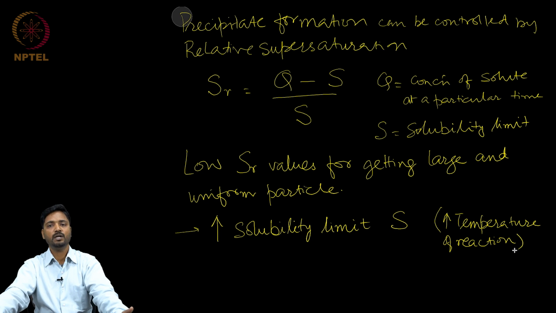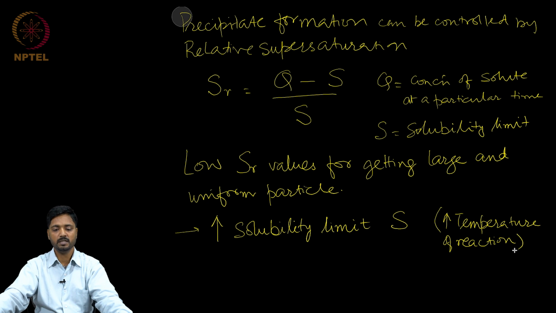That is why if you see scientific literature, you will find that many of the very uniform particle synthesis is undertaken at very high temperatures of about 300 to 350 degrees Celsius.